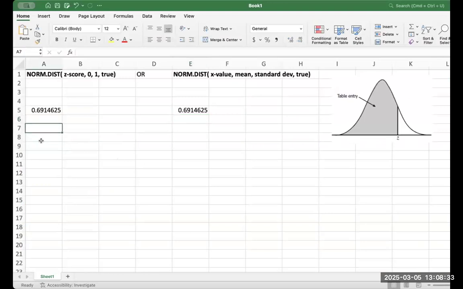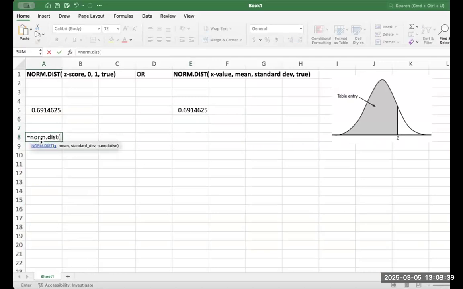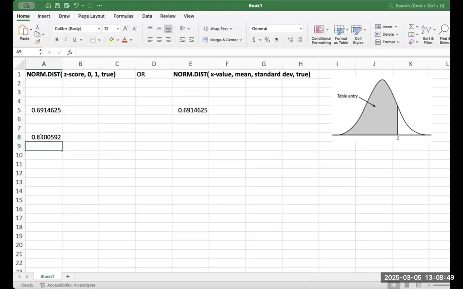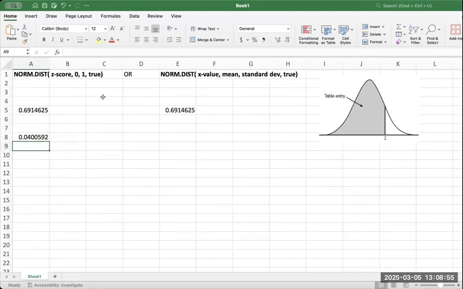Off over here, off to the side, I'm going to type equals norm.dist, negative 1.75 for the standard normal distribution. I'm going to type true. And you see I get that 0.04. So that is everybody who is shorter than 64 inches.